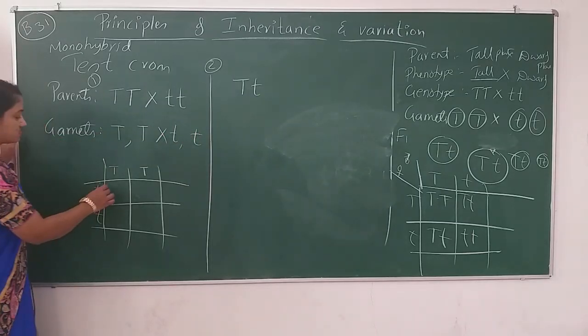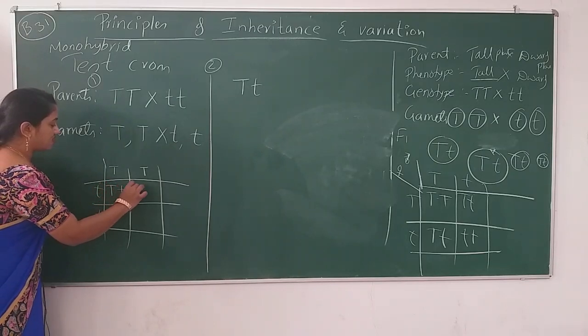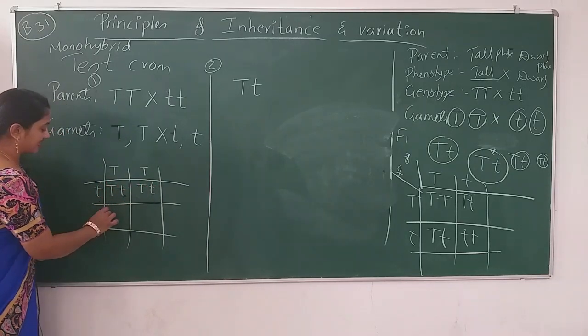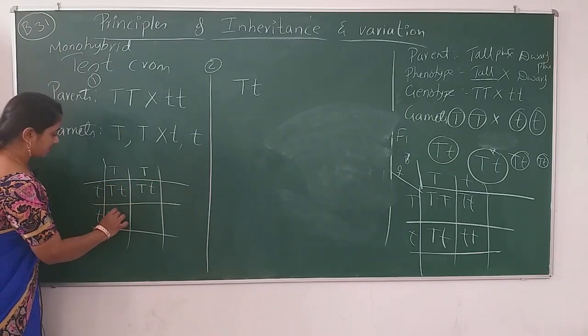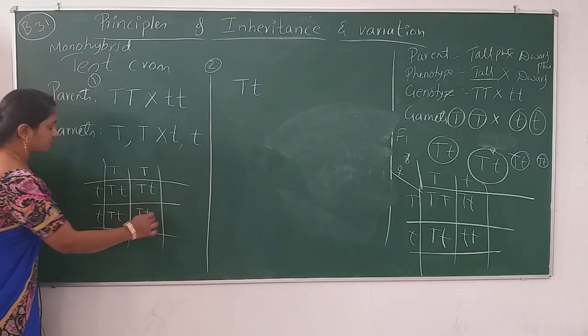When we cross these two gametes, the offspring will be capital T, small t, capital T, small t.